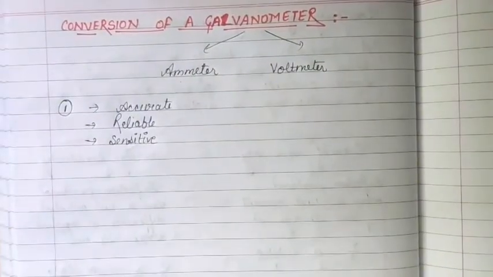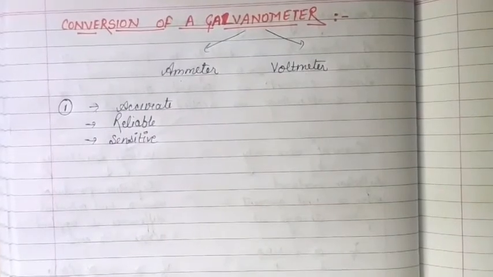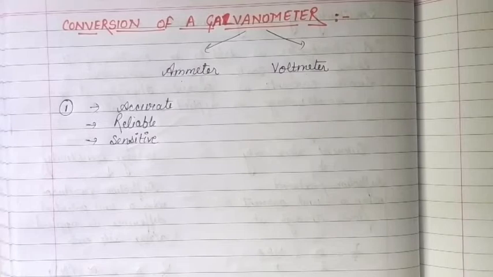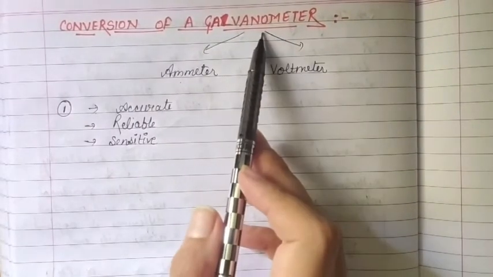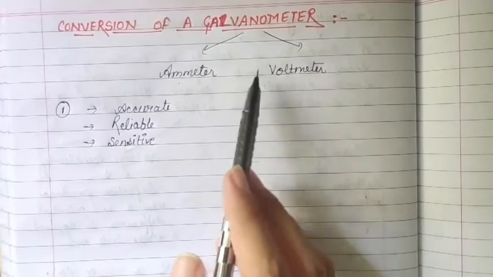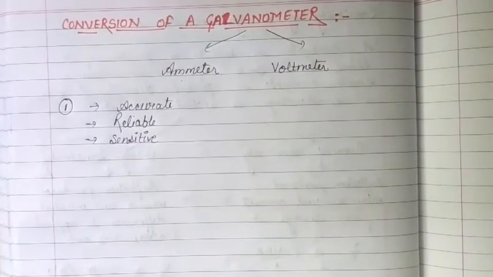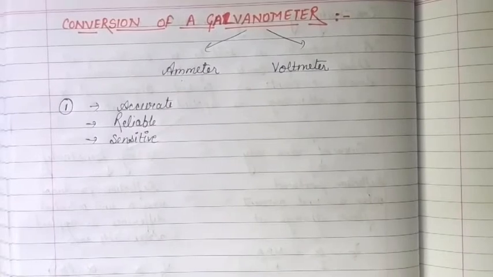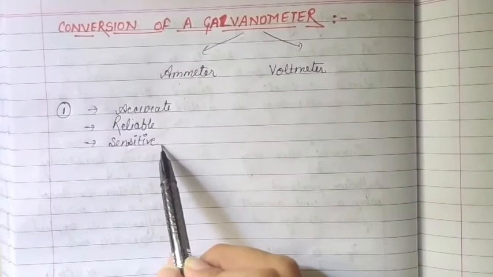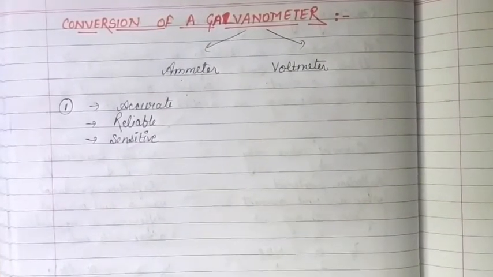To get proper results, or to find exact values of current or voltage in a circuit, we have to keep in mind that the device we are making from that galvanometer should be accurate, reliable and sensitive so that we can get the exact results we require.